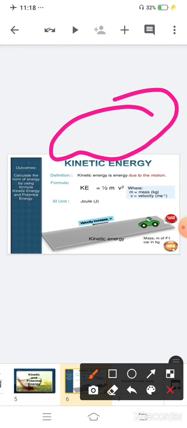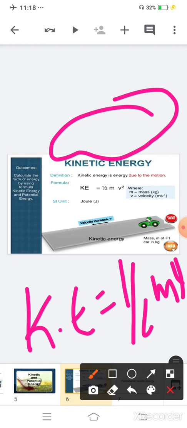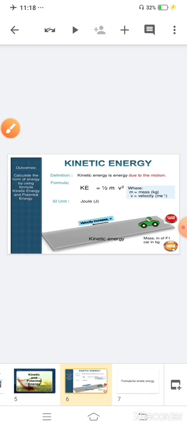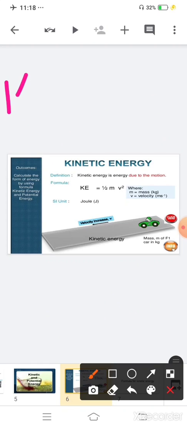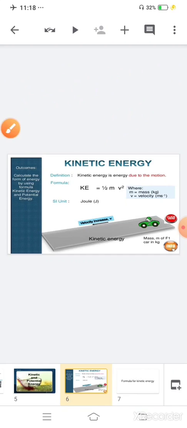If we are talking about the formula, KE is equal to half mv square, and SI unit is joule. Clear?